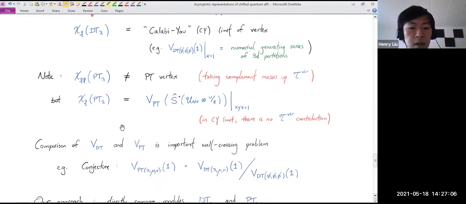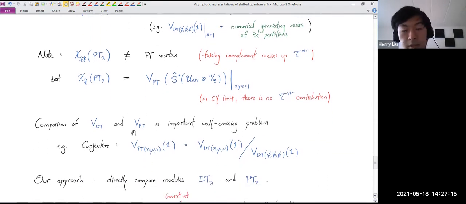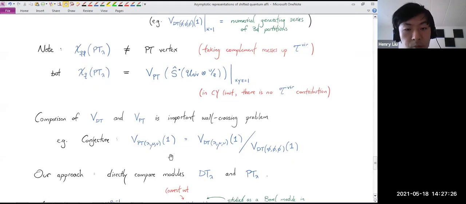Okay, so with all that said, I should now say that the comparison of DT and PT vertices is actually a very important wall crossing problem in enumerative geometry. So for example, even without insertions, if you just integrate the virtual structure sheaf, there's a conjecture which says that the PT vertex is a certain normalization of the DT vertex by the no-legged DT vertex.